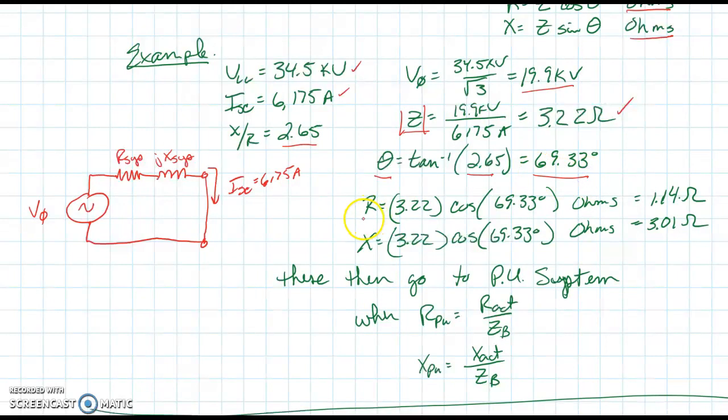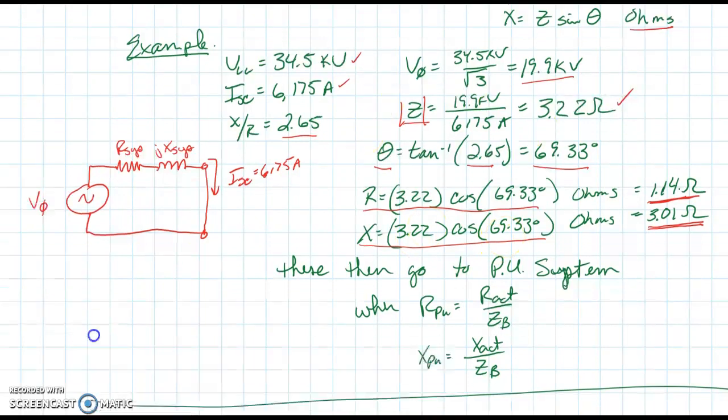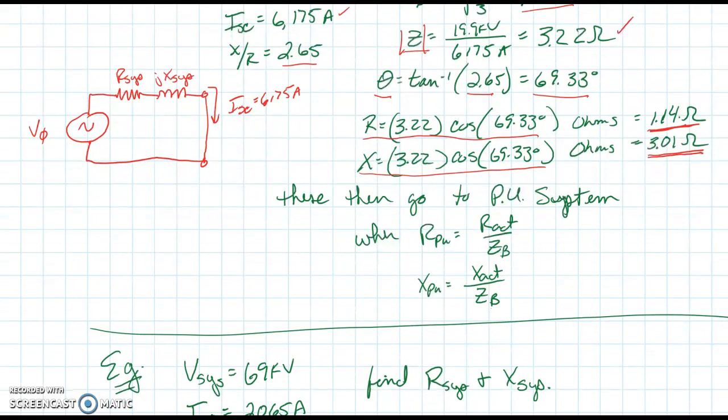Then I can plug those into these formulas. So R is 3.22 times the cosine of that angle, 69.33, and I get 1.14 ohms. Important to remember that these are now ohms, not per unit ohms. X is given as 3.22 times the sine of 69.33.